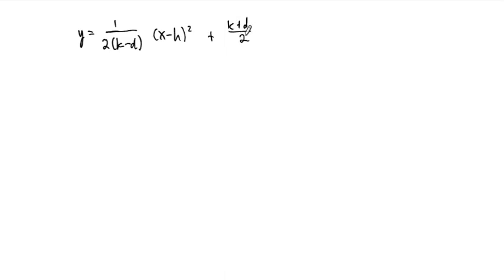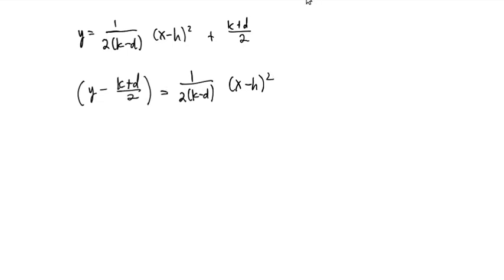And so this is the equation of our parabola. If we write this in a more standard form, we can regroup, move this one back over, and we end up with y minus (k plus d) over 2 equals 1 over 2(k minus d) times (x minus h) squared.